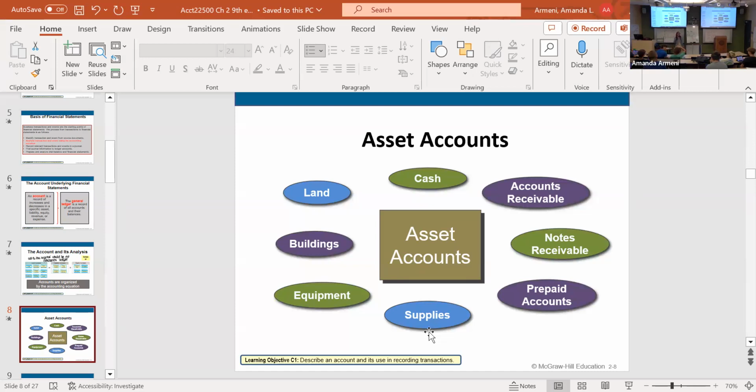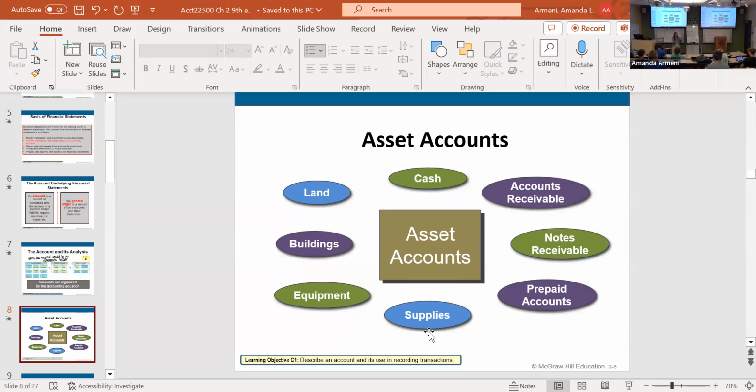Let's say that on September 1st, we were required to make our rent payment. We're renting an office space for our landscaping company. On September 1st is when our rent payment is due, but our payment is covering the month of September. Are you with me?